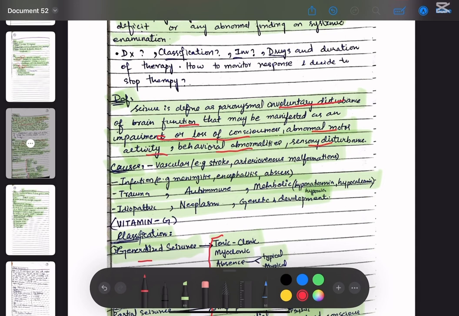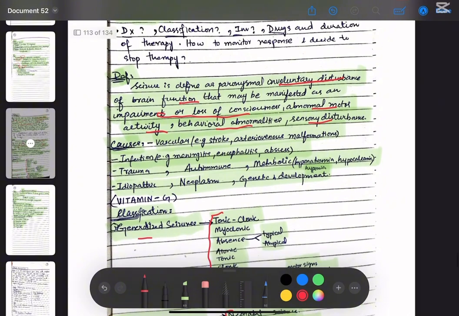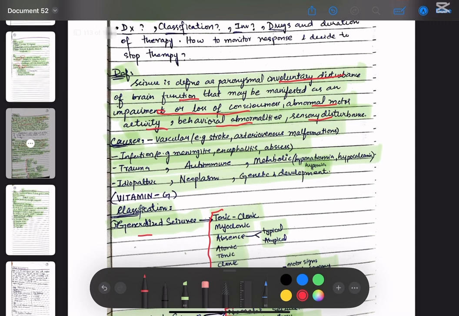The causes are vascular, for example stroke and arteriovenous malformation, infection, for example meningitis, encephalitis and abscess, trauma, autoimmune and metabolic, that is hyponatremia, hypocalcemia, and hypoxia, idiopathic, neoplasm, and genetic and developmental.